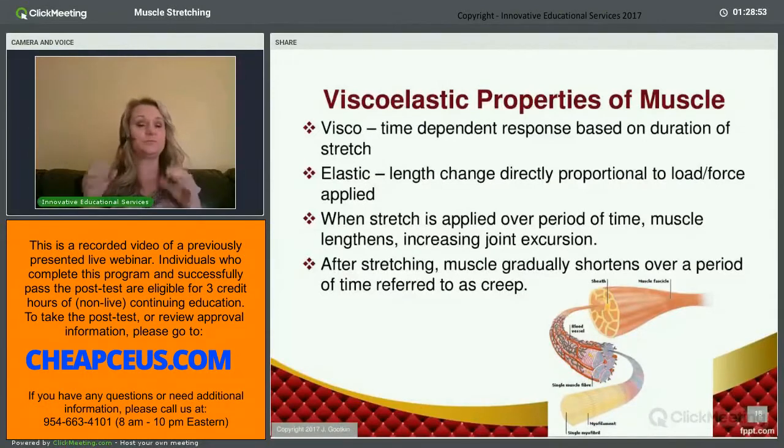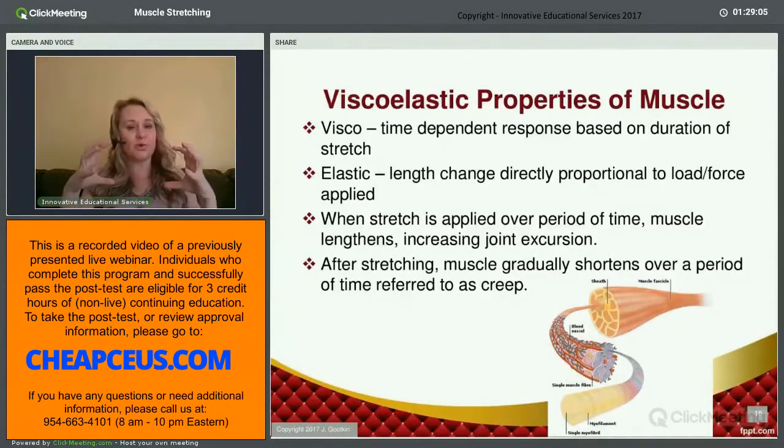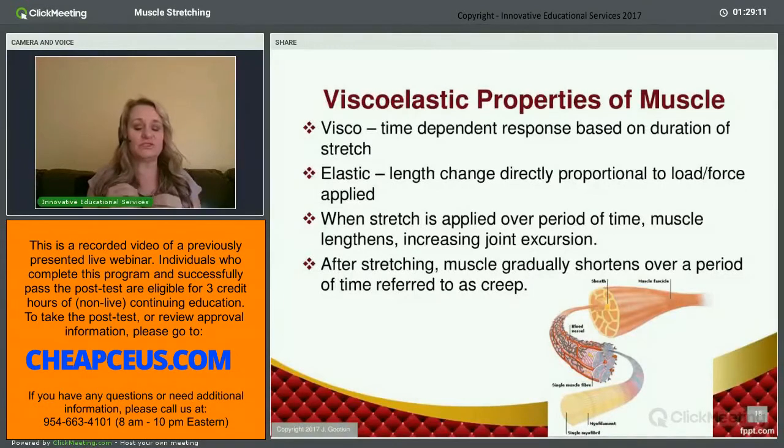Going back down to the cellular level, we're looking at that our muscle is consecutive bundles of muscle fibers, then myofibrils, and then eventually we're building out to our entire muscle. All these tissues are going to respond to stretch. This muscle, as we apply the force, is going to deform based on the force that's placed upon it.